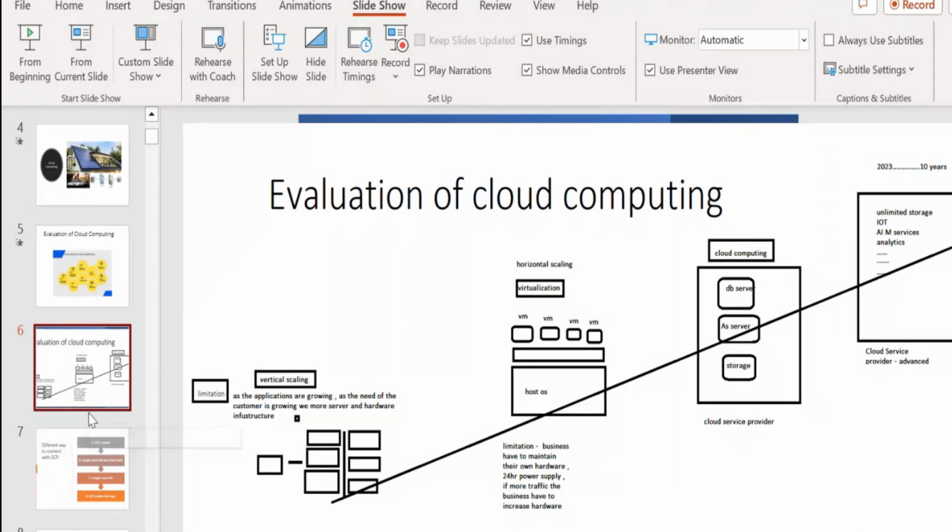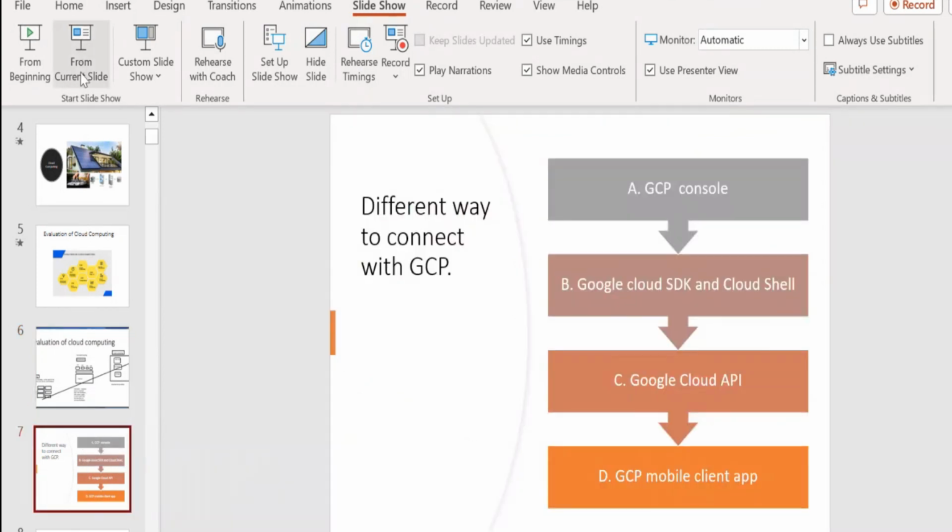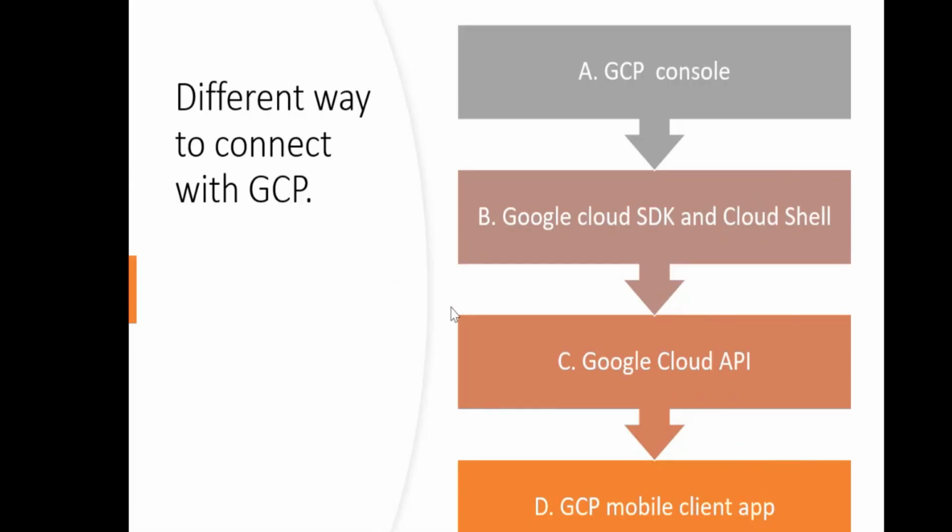Now, when I move on, you can see that our topic is GCP, right? So the point is how to connect with GCP. GCP will come step by step, but here we're talking about how to connect with Google Cloud.